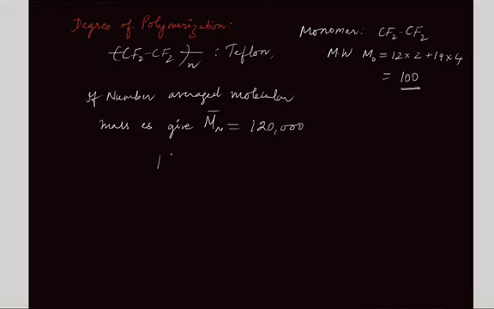In that case, degree of polymerization would be equal to Mn, which is the number average molecular mass of the entire polymer, divided by the molecular mass of the monomer. So it would be 120,000 divided by 100, which makes it 1200. So that is the degree of polymerization.